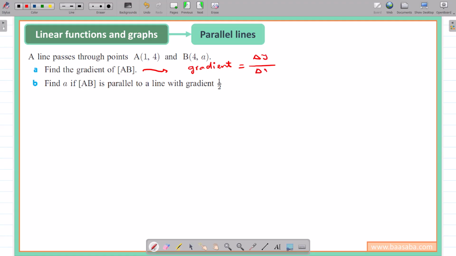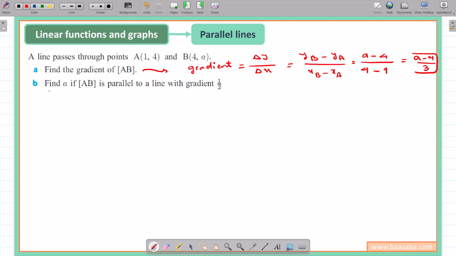Delta y over delta x: yb minus ya over xb minus xa. So it's a minus 4 over 3. Don't worry, we're going to figure out a later. So this is the gradient of the line AB.